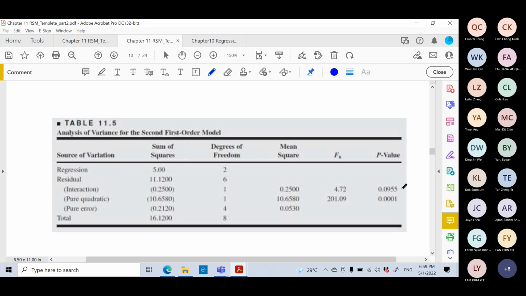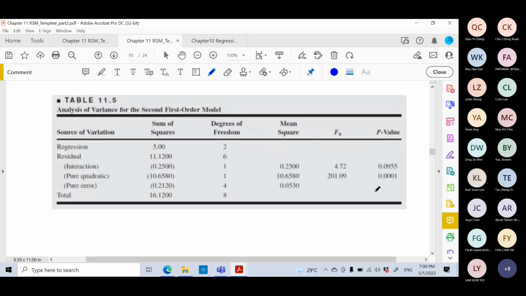But if you are testing at the 5% level, then the iteration is not necessary because the p-value is 0.0955. Then the second one, we check whether the quadratic terms should be involved in the model or not. Over here, the quadratic term is necessary because the p-value is small. So the model will involve the quadratic effects here.